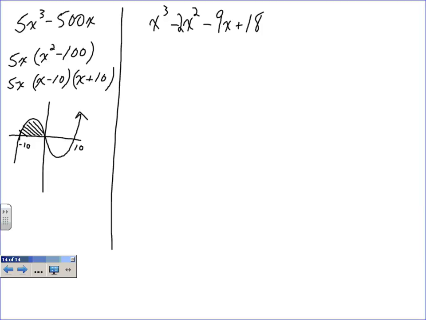Do you remember how to factor if it has more than three terms? What method we use? Yeah, grouping. So let's group. If you have more than three terms, we factor by grouping. I'm going to group the first two terms together. And then I'm going to group the second two terms together.